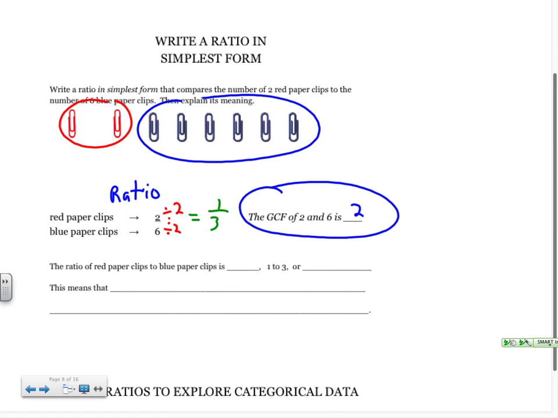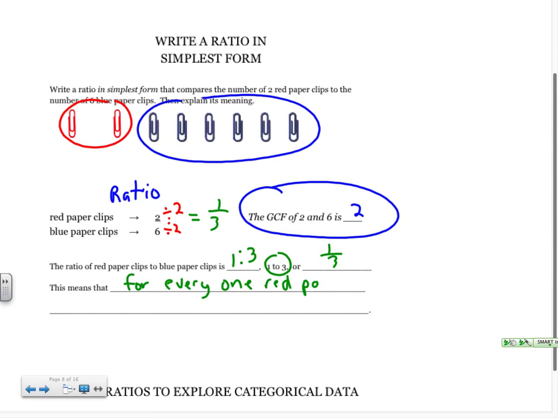To finish off this statement, the ratio of red paper clips to blue paper clips is in word form. I already have word form here, so colon 1 to 3, words 1 to 3, or fraction form 1 to 3. This means that for every one red paper clip, there are how many blue?